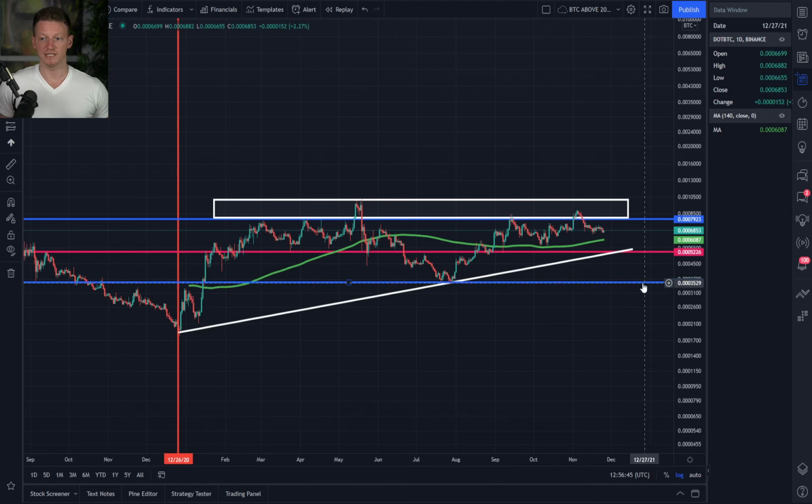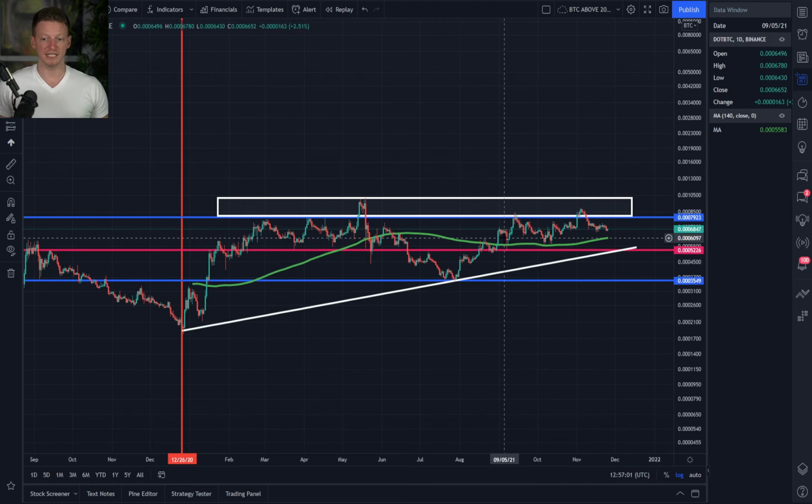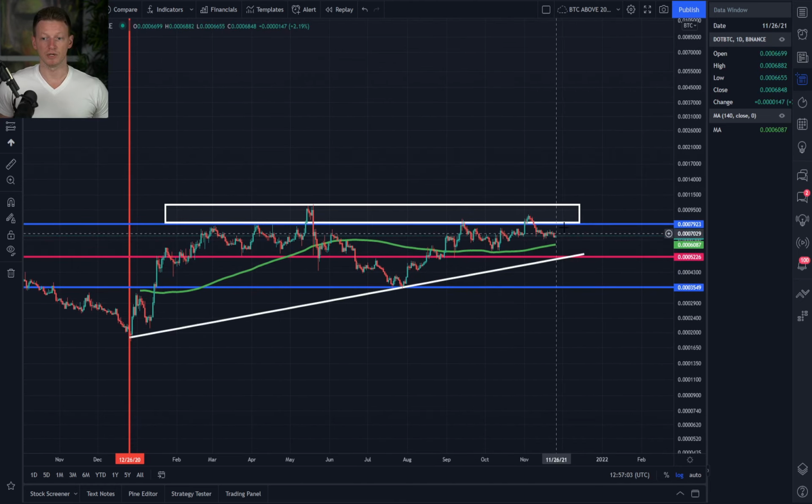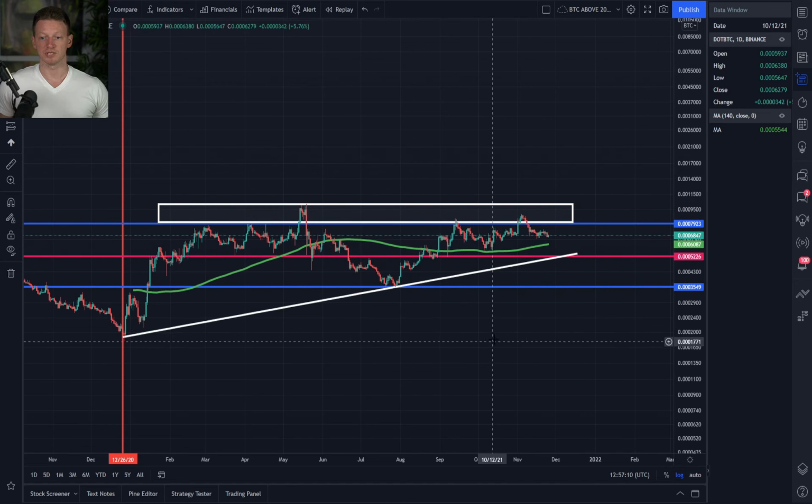So we have 3, we have 5 as our average. We're sitting at around 7. And we have an upper resistance band that's anywhere between 8 up to around 10. Okay. So it will be interesting to see if Polkadot can continue. I wouldn't doubt if it comes back down to this line one more time before it attempts a breakthrough.